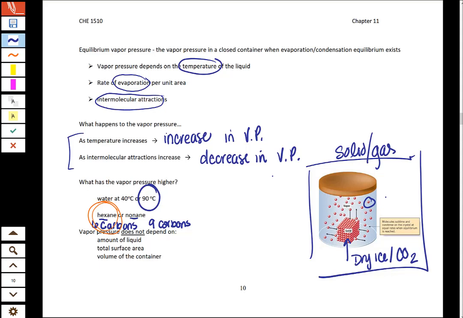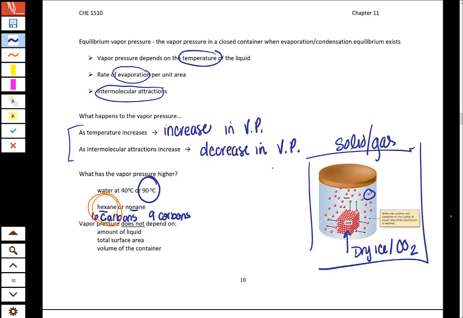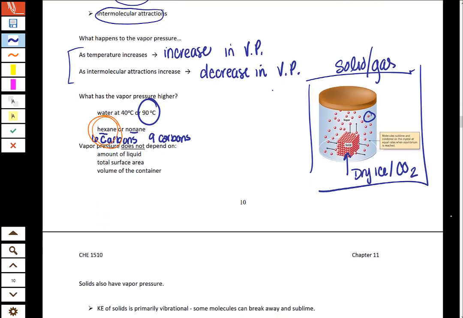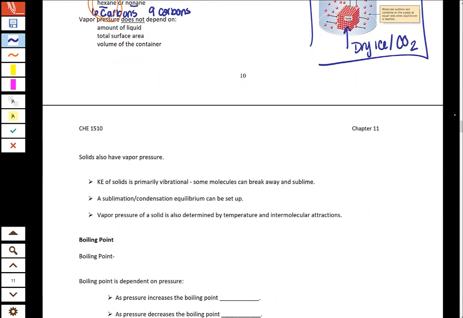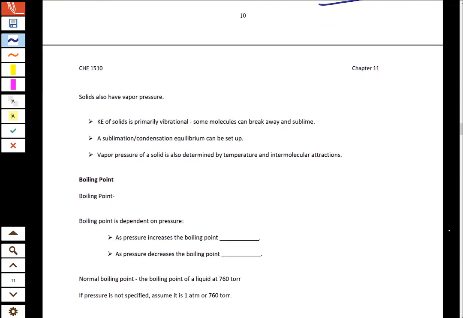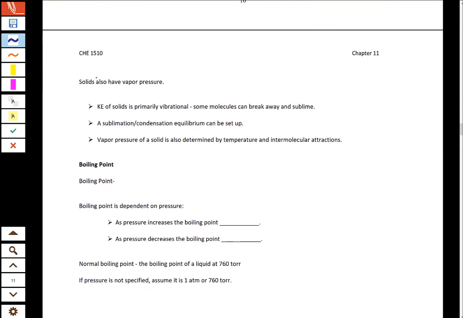So you can have vapor pressure in both systems. And so let's look at what is next. What I just said is in words right here, so I don't need to repeat this because I just said that out loud.